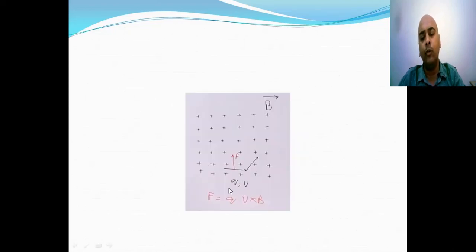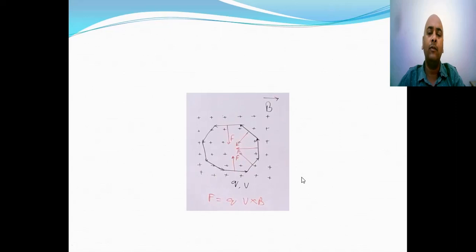So due to the force experienced in the magnetic field, the velocity of the charge will no longer remain linear. That is, it will not follow a straight line. Instead, the direction of motion of the charge will become curved.